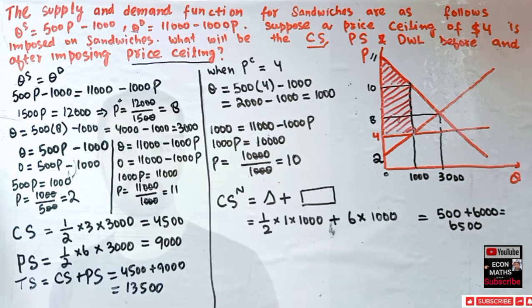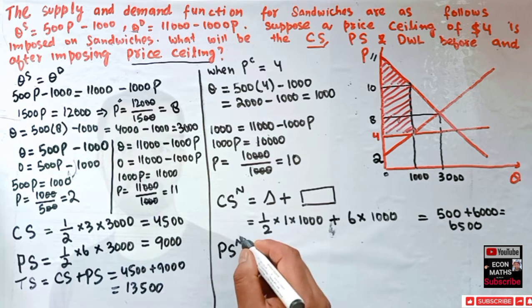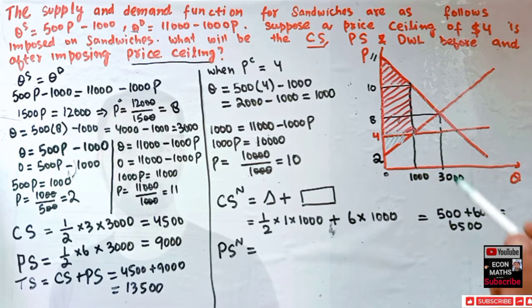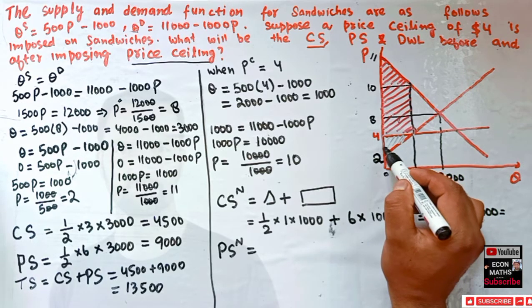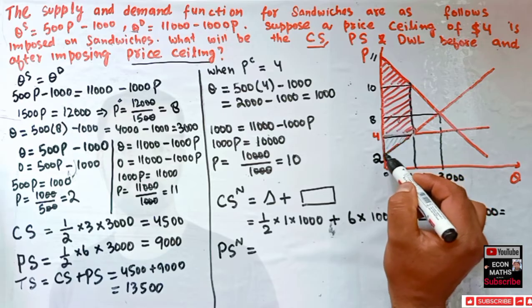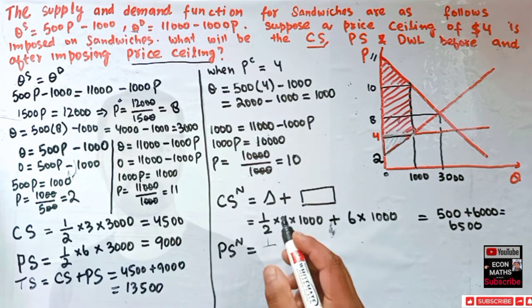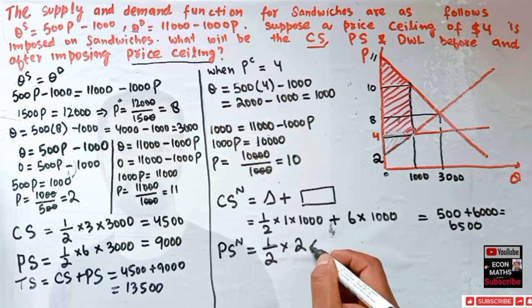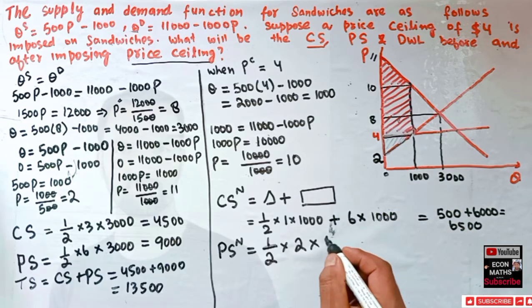Okay, and what is our new producer surplus? Here we can see the producer surplus has also shrunk to this triangle. This is our new producer surplus, so it is the area of this triangle. This is equal to 1/2 of our base, 4 minus 2 is 2, into the height, which is 1000.